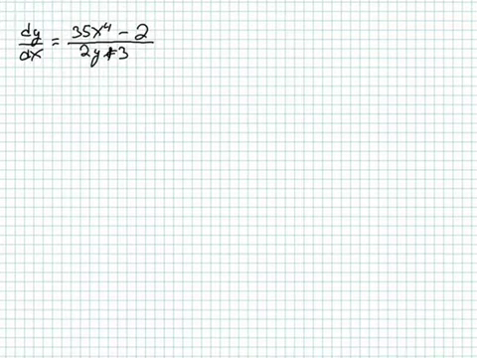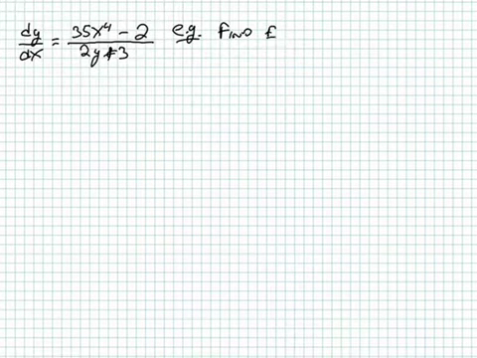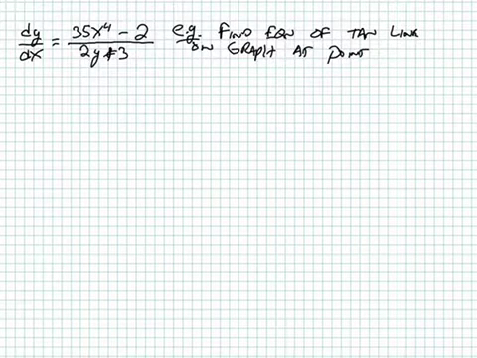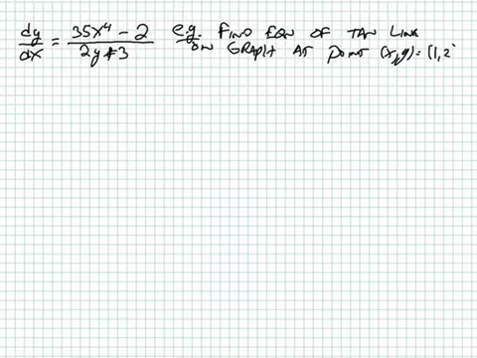And so what I want to do, for an example, is find the equation for the tangent line on the graph of this equation at the point (x, y) equal to (1, 2).